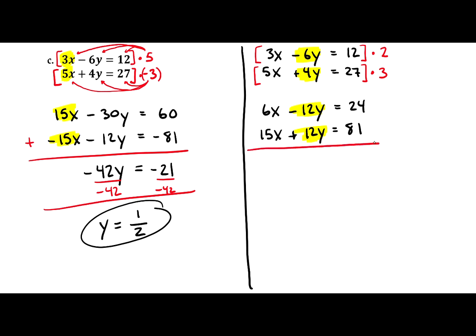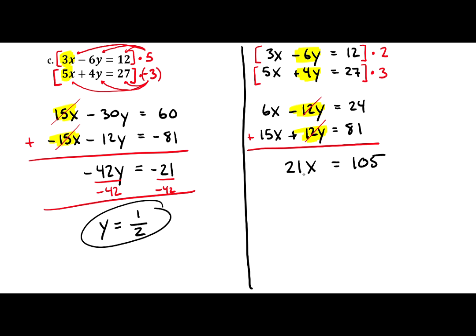So now when we add these two equations together, just like the 15x's canceled before, now the 12y's cancel. So 6x plus 15x will give us 21x. And on the right, 24 plus 81 is 105.